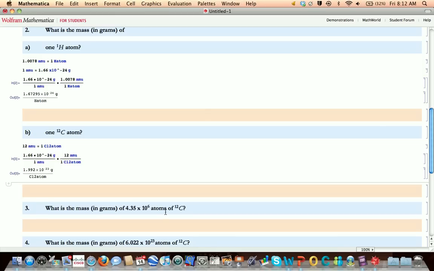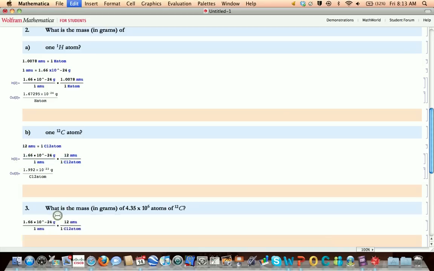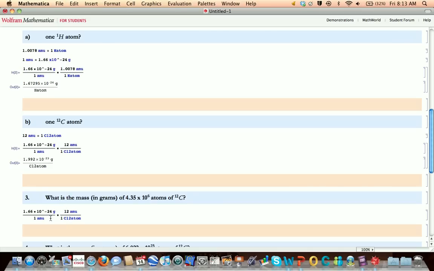What happens though if I have a larger sample, more than one atom? Well, I have all the building blocks here, so I'm going to take this again. This conversion is going to be really useful for me because it's what's allowing me to turn something into grams. And you'll notice what answer we had up here. It said per carbon-12 atom.